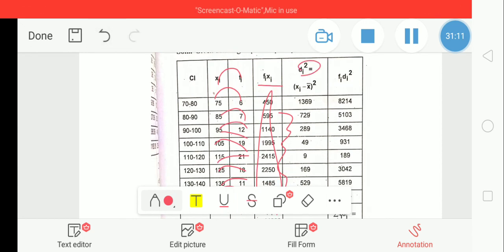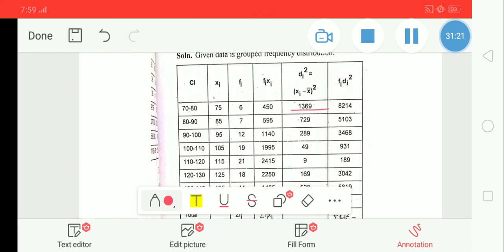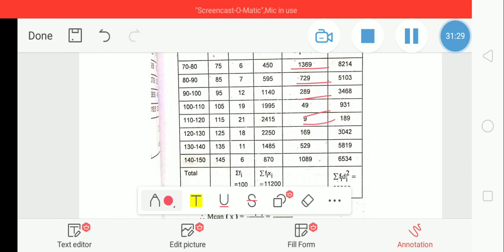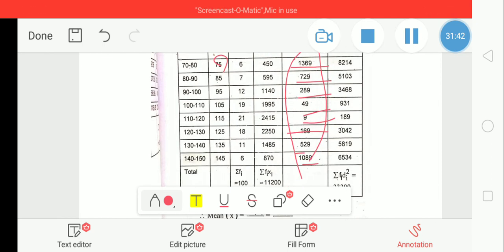Now 75 minus 112 and whole square; minus becomes plus because of the square, and here also minus minus minus, and here they are plus because of the square. So here xi minus x bar, take the whole square, so it gives this value. Here we did not write one step, we directly squared it.